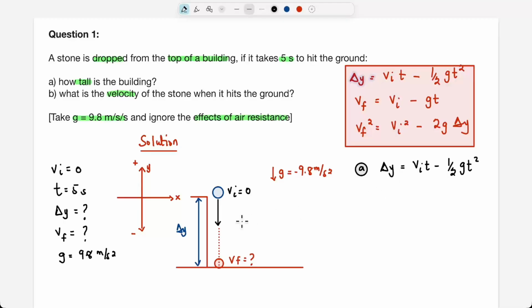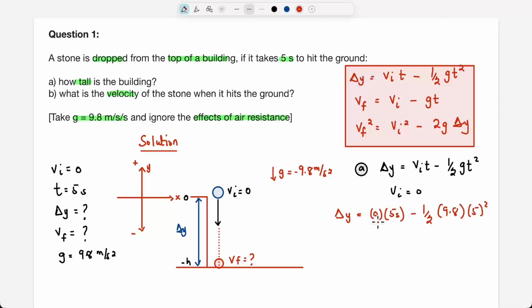Now this delta y is nothing but the same height of the building. And here we are setting our 0 point here. So the final height is going to be minus h down here. With this, we know the initial speed to be 0, so that term goes to 0. We will be left with delta y equal to 0 times 5 seconds, minus 1/2 g, which is 9.8, then 5 squared.